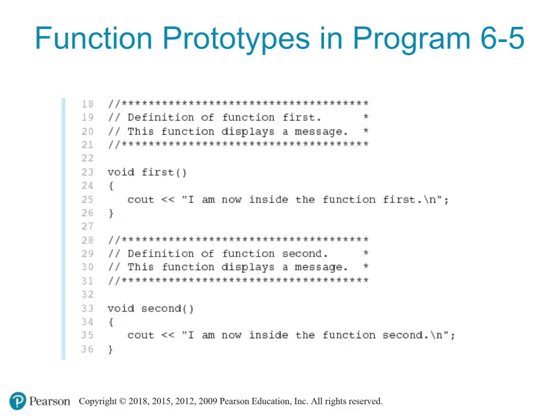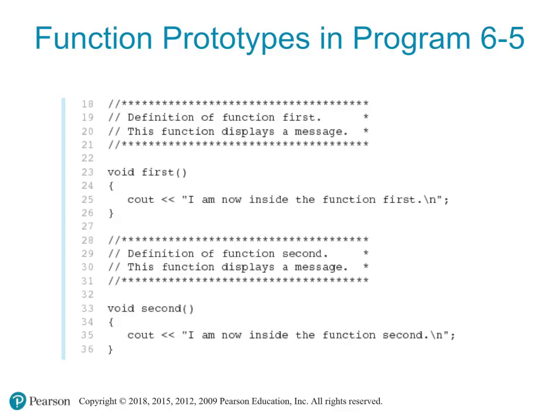Void first and void second are defined after the main function. Because we used prototypes, the compiler knows about them even though they are defined later in the code. Function prototypes allow for flexible code organization, enabling you to define functions after they are called.